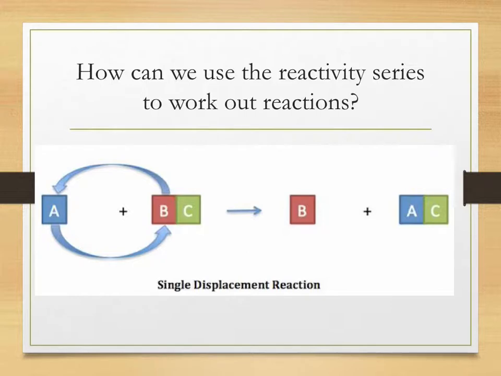A is more reactive, it can displace B, forming the new compound AC and leaving B by itself. In the case of extracting metals, if A was carbon and BC was iron oxide, then we can use the carbon to produce carbon dioxide, leaving the metal by itself.